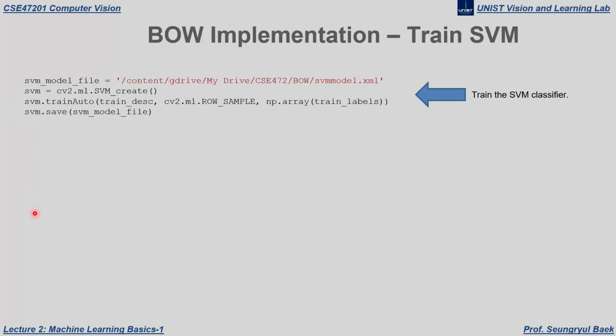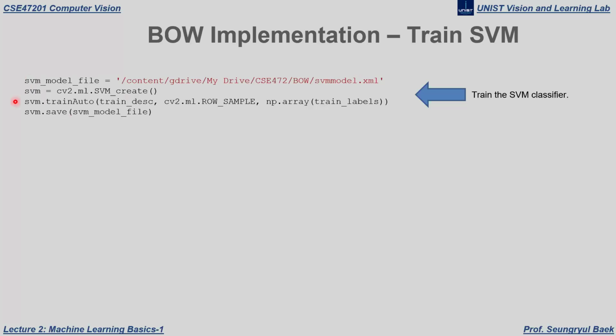And then the thing you have to do is, once you make the histograms for all the images in the training data, you now have to train your SVM classifier using the histograms. OpenCV already has an SVM classifier as well, right? This makes everything very easy.